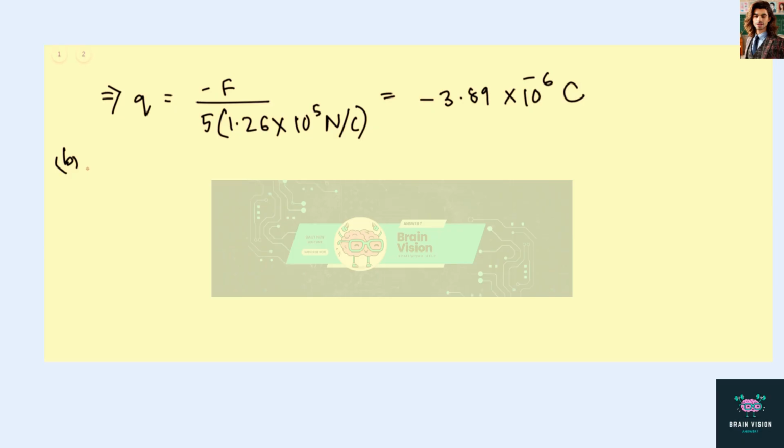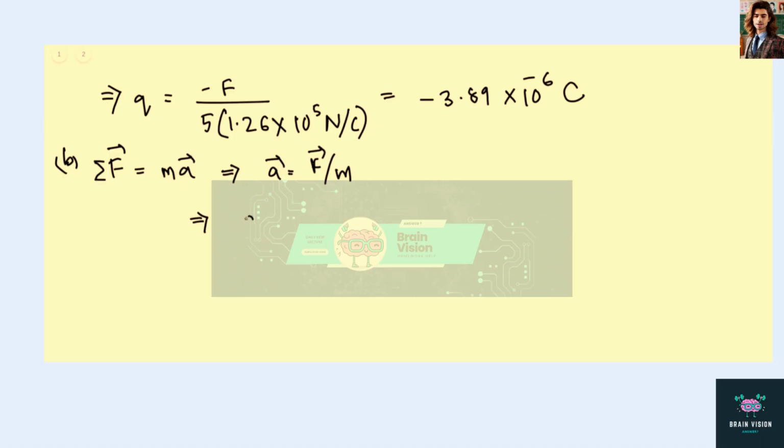Now for the second part, we are going to use Newton's second law to relate force with acceleration. We know that the summation of all forces, or the net force, is equal to mass times acceleration, and this gives a equals the magnetic force over m, which is the only force in this case.